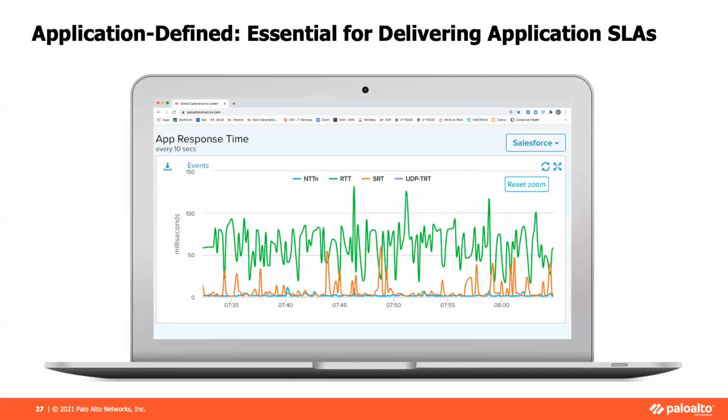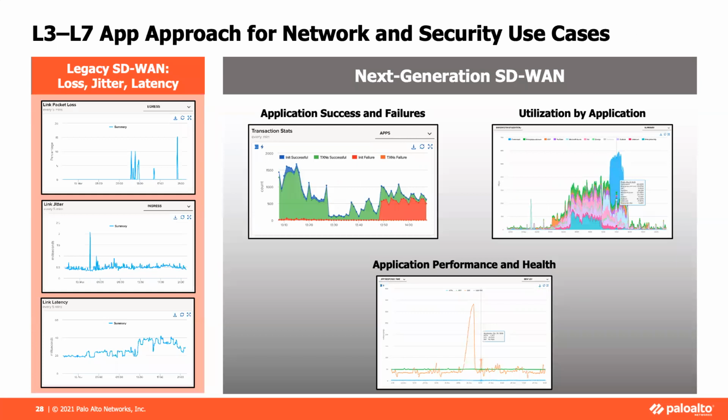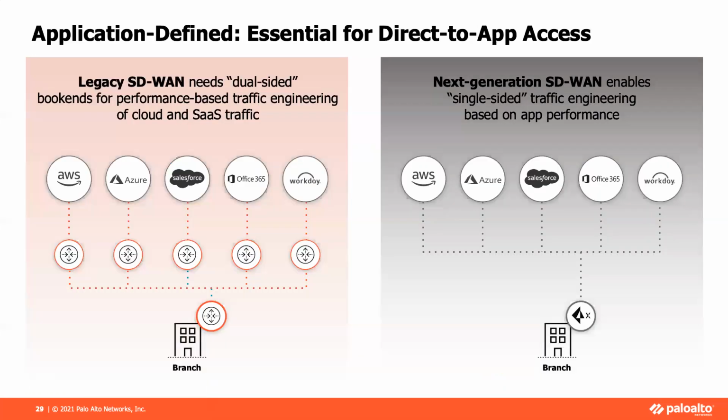And we can automatically switch paths to give you the best path to get you from this branch office out to the internet, or out to the application you need, or out to your SaaS applications, whatever the case may be, and give you really great insight and robust reporting for these different applications, their health and performance, and how much bandwidth they're using, and who's using it, and all that sort of stuff.